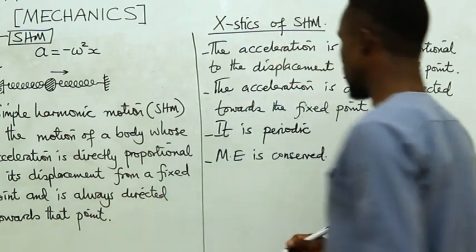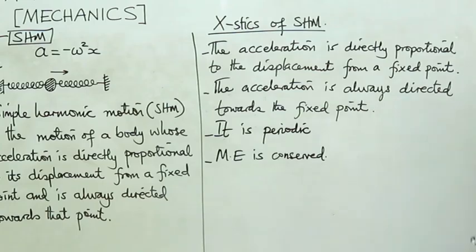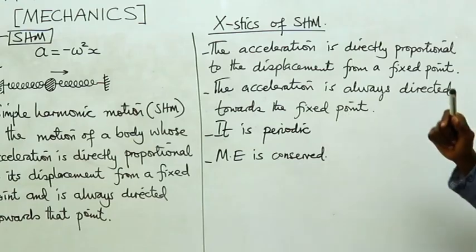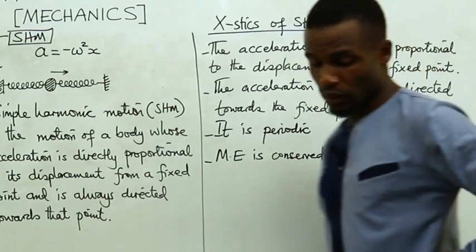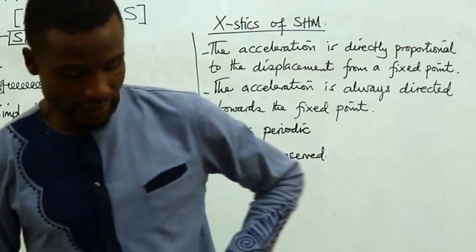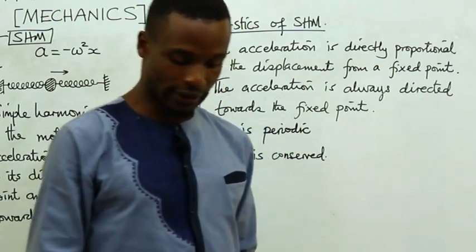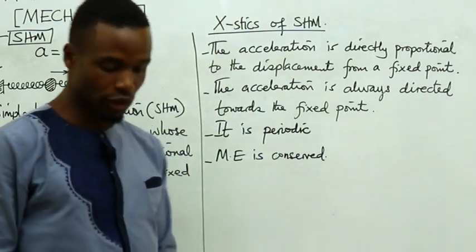For you to have perfect simple harmonic motion, mechanical energy has to be conserved. Otherwise, energy will be drawn out of the system, especially by dissipative forces, and the amplitude of the simple harmonic motion will keep reducing until the body finally settles. So that's the definition, and those are the characteristics of simple harmonic motion.